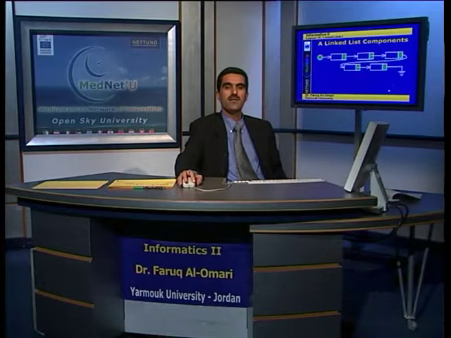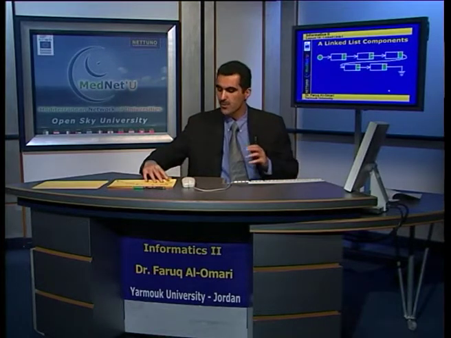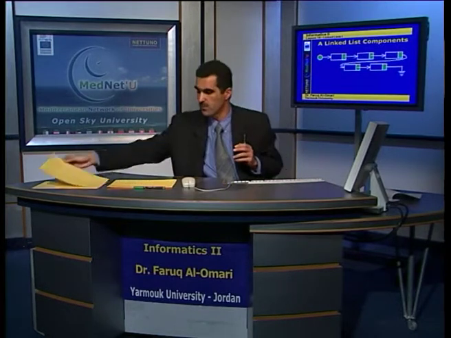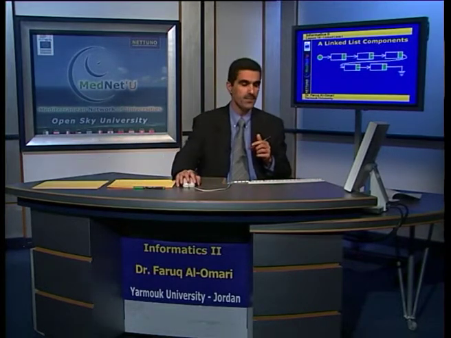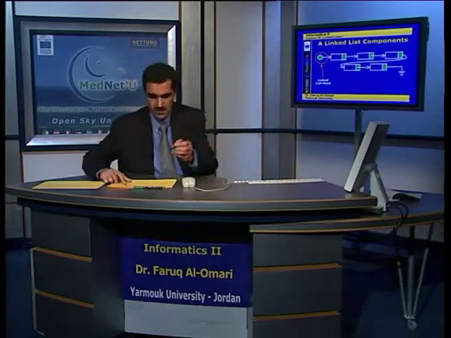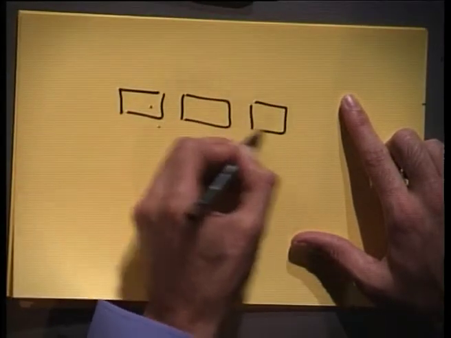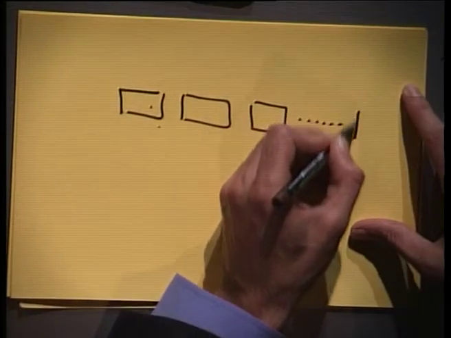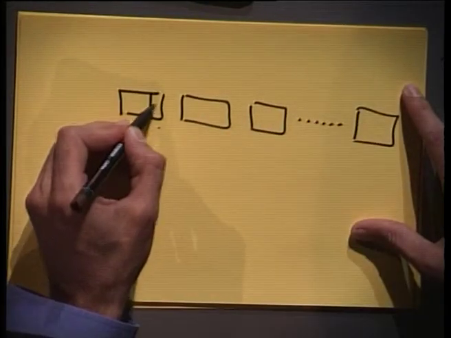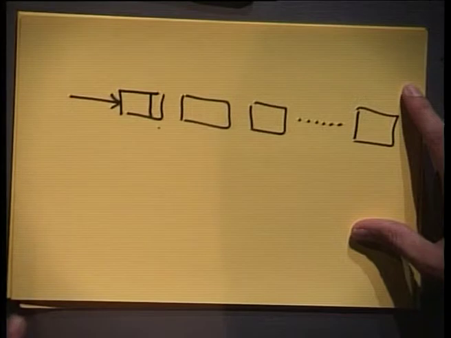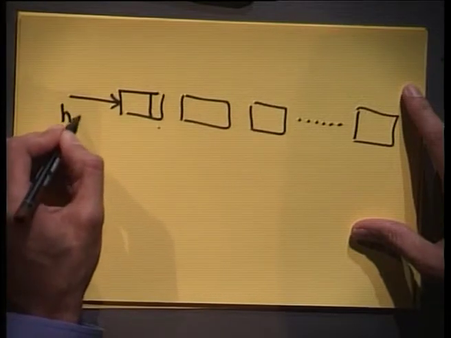Okay, linked list components. The major components that we need to worry about and be careful about when we talk about this. Here's my list, consecutive nodes, and here's the last node. The very first one is what's called the linked list head, or for short, head.